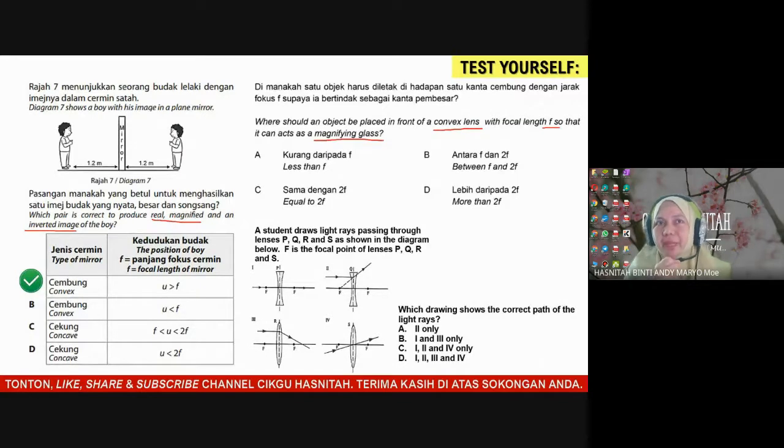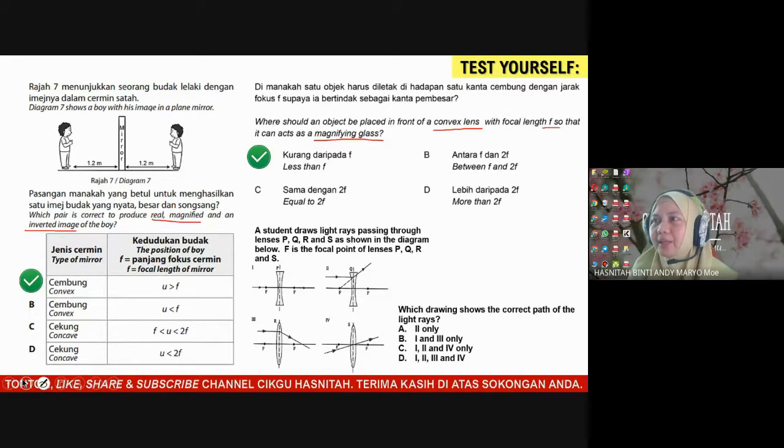Normally when you use a magnifying glass, do we place the object very close or very far away from the glass? Students, we place it very close to the magnifying glass, right? So we say less than F. The object distance is less than F, so it will produce a bigger image, virtual, upright, and magnified.